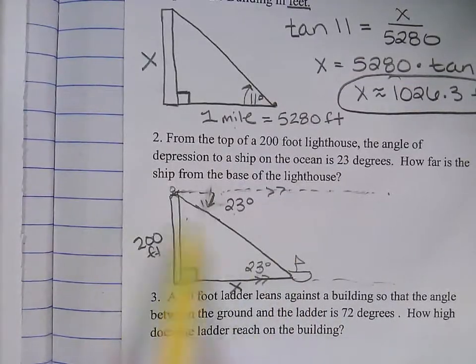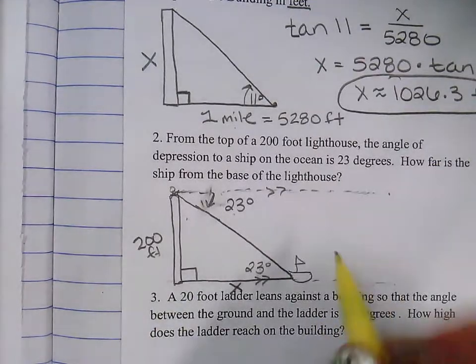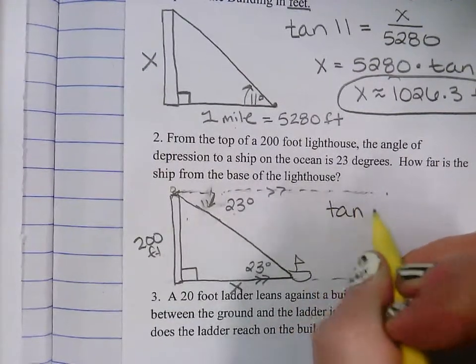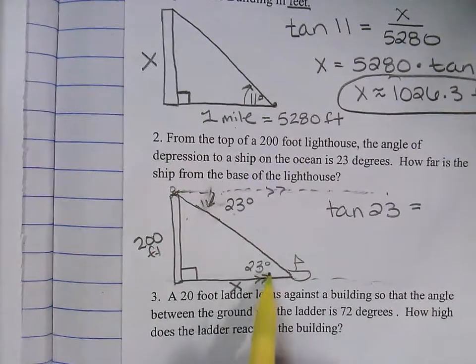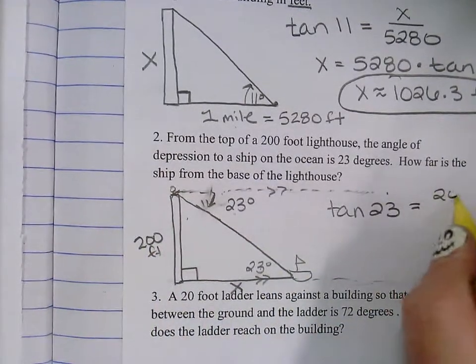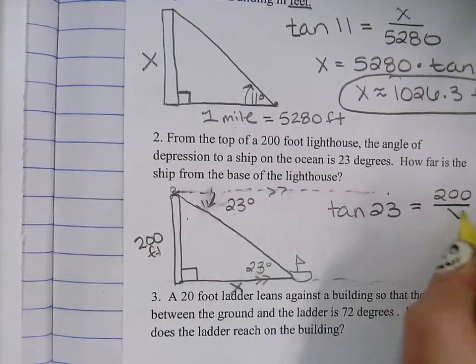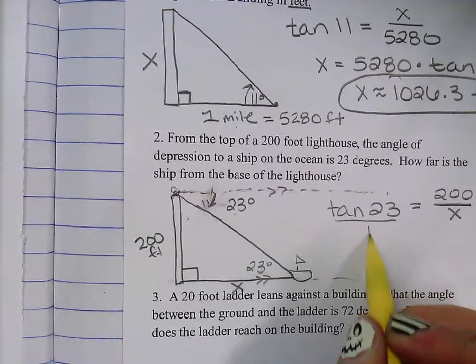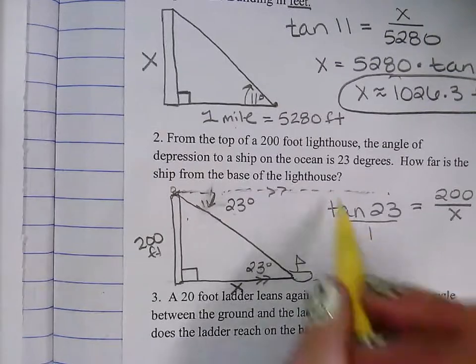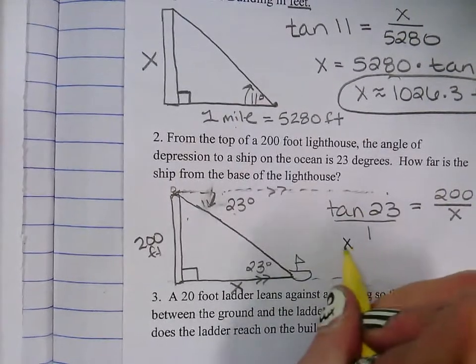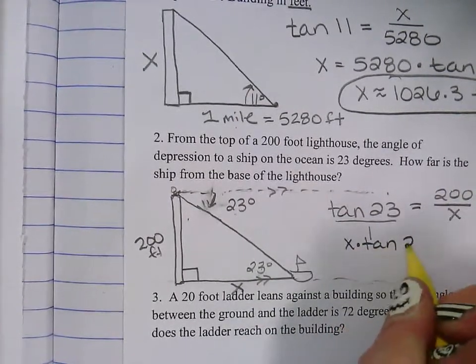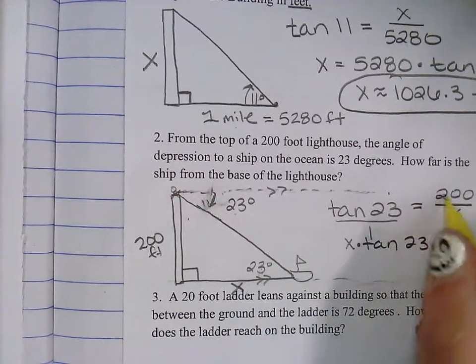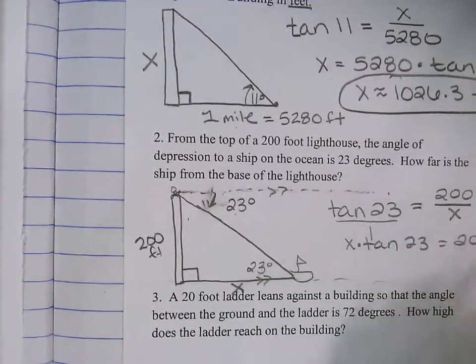So again, it looks like we're not using the hypotenuse, so I'm going to use tangent again. So tan 23 is equal to the opposite over the hypotenuse. Remember you can put this over 1 and you can cross multiply. So x times tan 23 equals, here we have 1 times 200, which is 200.